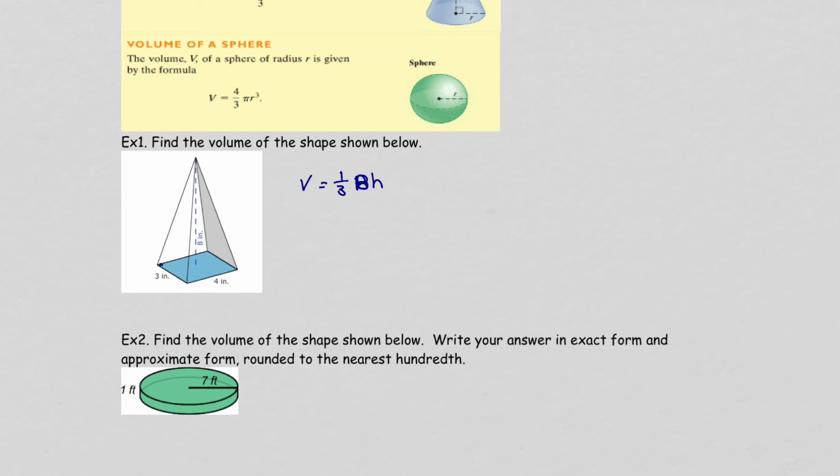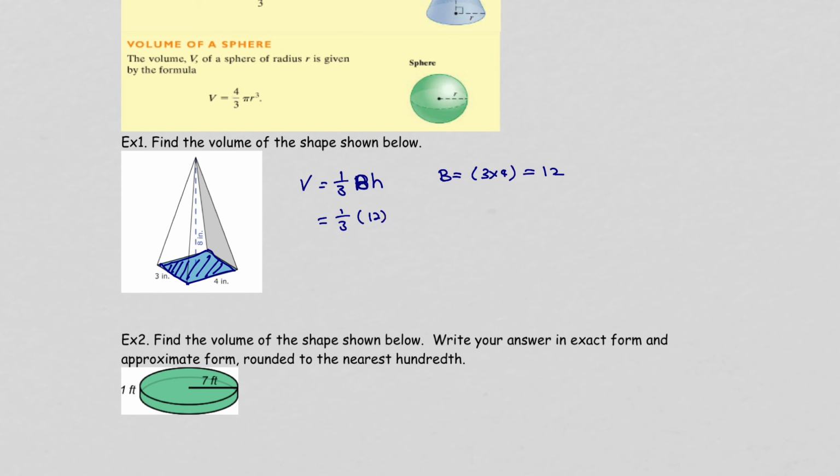So you need to find this blue area first. That's going to be B. So your B is going to be 3 times 4, 12. So then when you replace it here, it will be 1/3 times 12 times height.